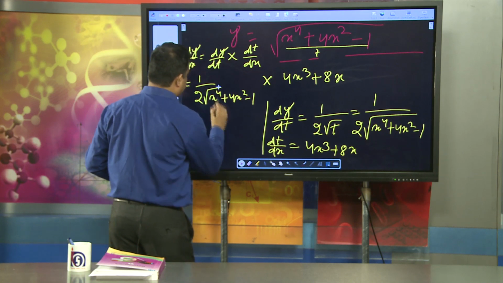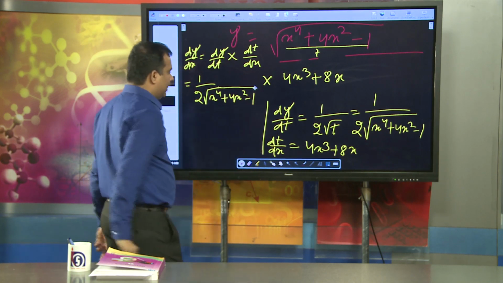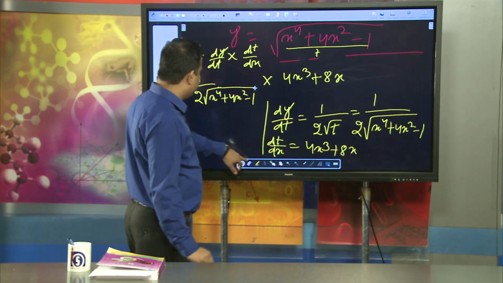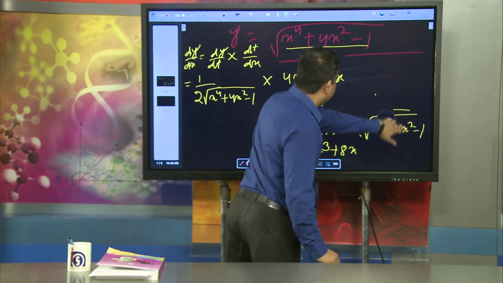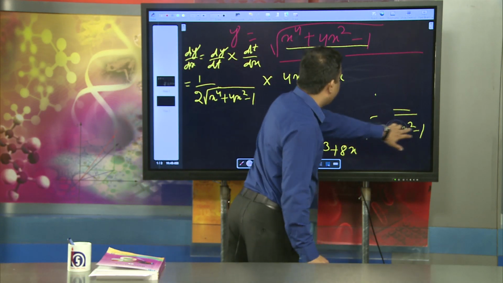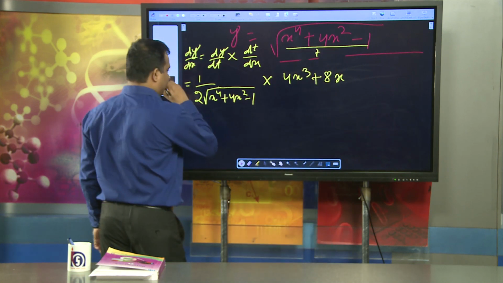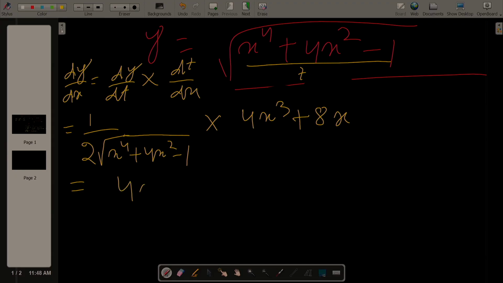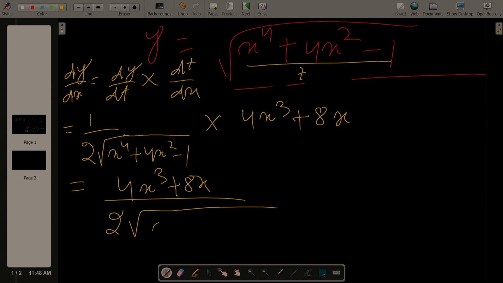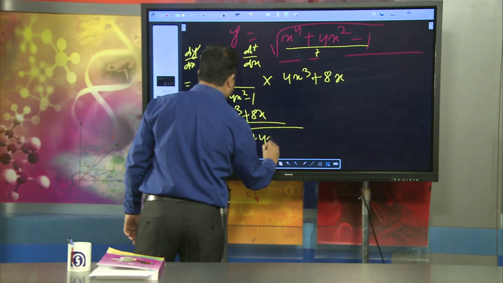Now what will be the value? The value will be 4x^3 plus 8x divided by 2 into square root of x^4 plus 4x^2 minus 1.